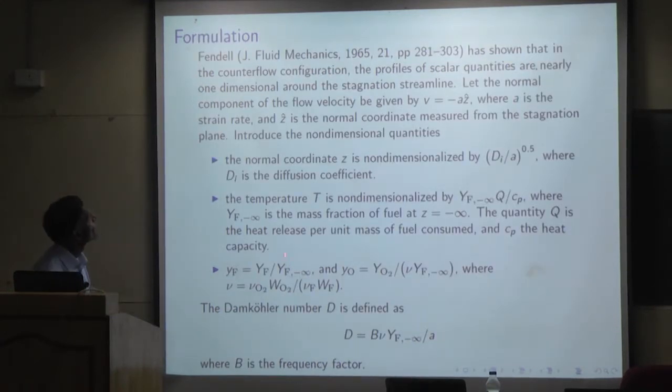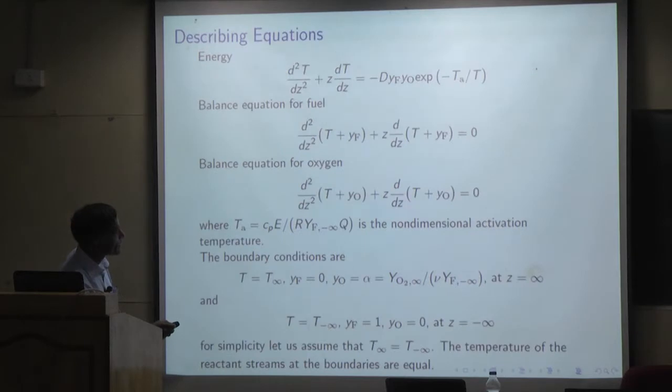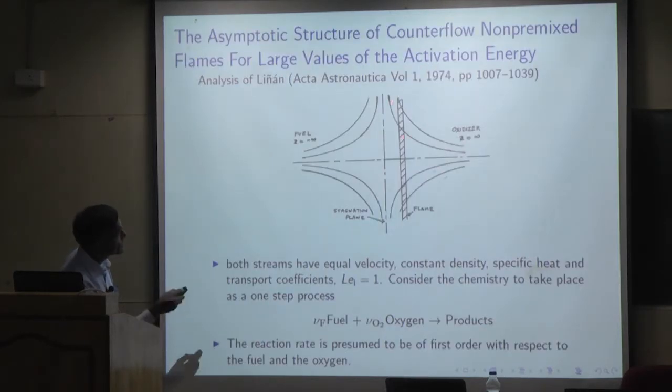Okay, now I want to illustrate that it has been shown by Fendell that in this particular configuration, in this counterflow configuration, very close to the axis of symmetry, the scalar quantities like the temperature and mass fractions of various species are only functions of the axial coordinate.